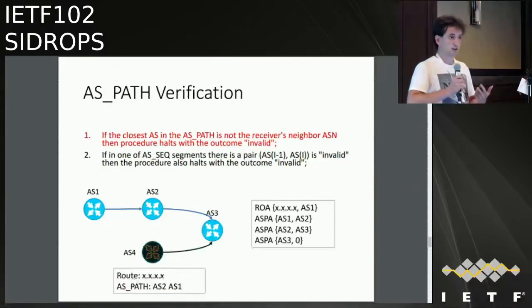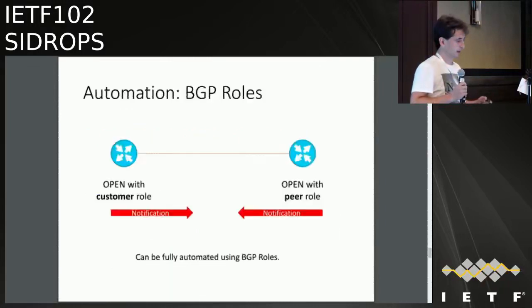So there is no way the attacker may create an AS_PATH that is valid according to ROAs and ASPA. And a small benefit, this process may be fully automated.